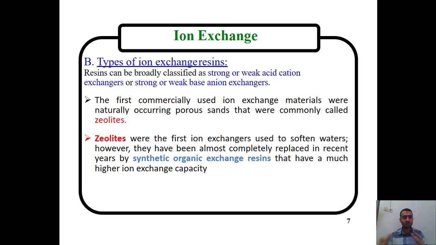Now, the first commercially used exchanger was zeolite. Zeolite is a naturally occurring porous sand, and it was first used as an ion exchanger to soften water, to remove hardness, to remove magnesium and calcium. And we know hardness in water hinders the use of water, especially for washing machines or washing hands.